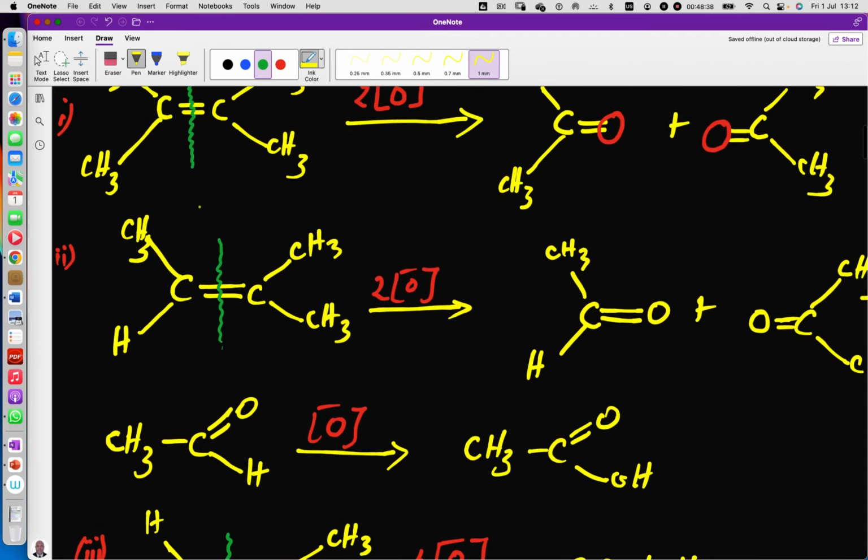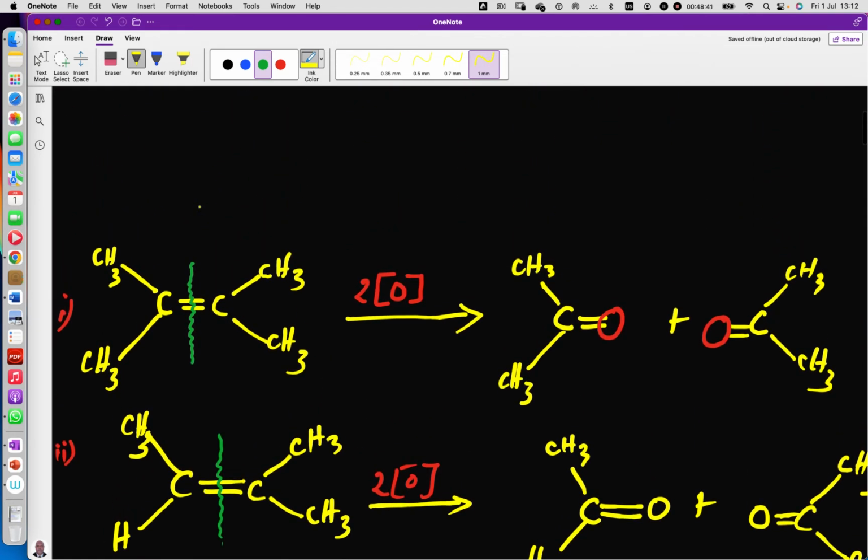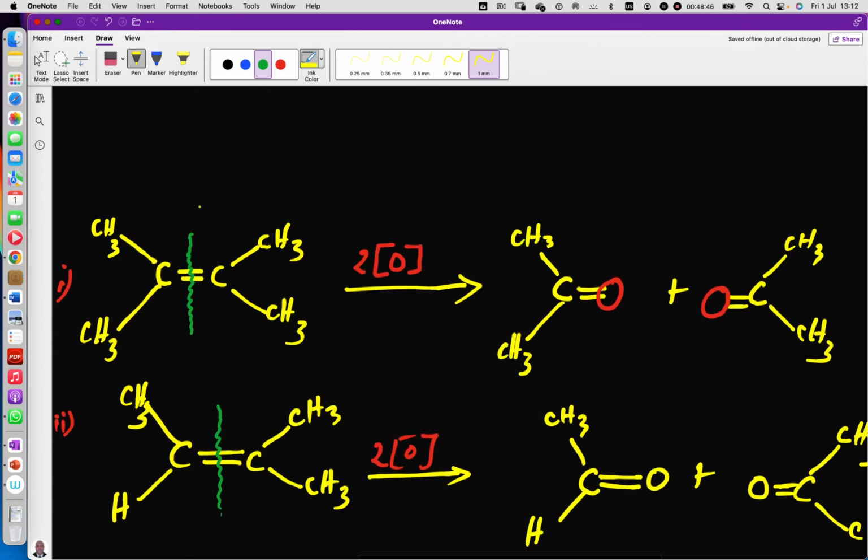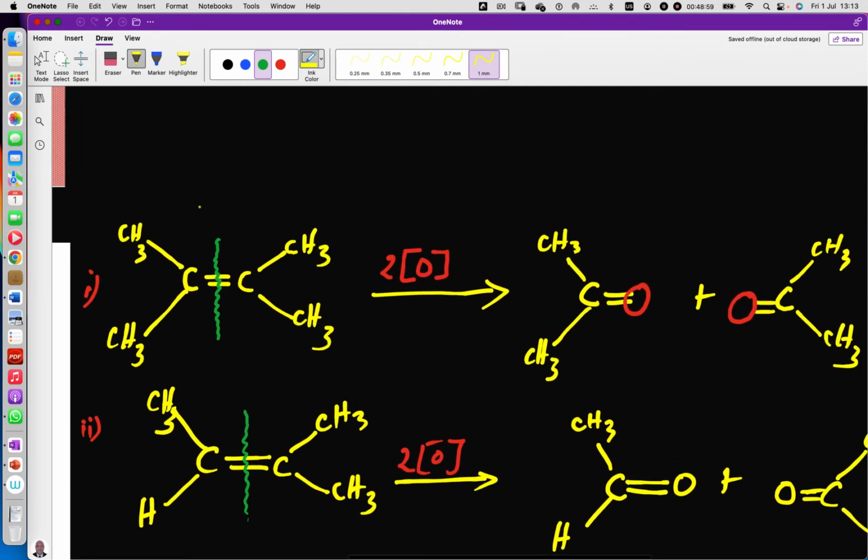The condition here is oxidation of alkene using hot concentrated acidified manganate 7 ion solution, unlike cold dilute acidified manganate 7 ion solution, which gives diol. That condition is not harsh. But the condition here is harsh. It leads to the breaking of the double bond.